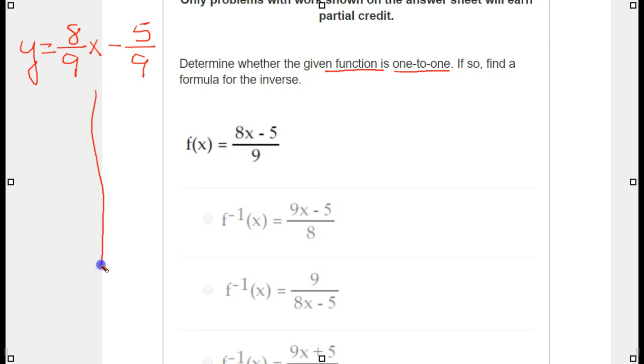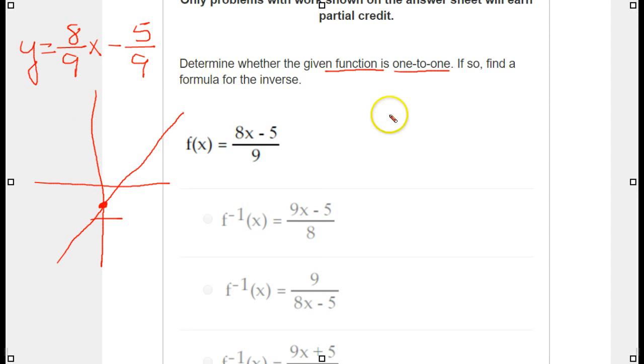So when we make a graph of this, this is just going to be a sketch here. Our y-intercept is a negative. We'll make some big lines here. So this is going to be a negative 5/9. It doesn't have to be too accurate, which is right about there. And our slope is over 9, way out there, up 8. So it's going to be a line that looks somewhat like that. That's what this is.